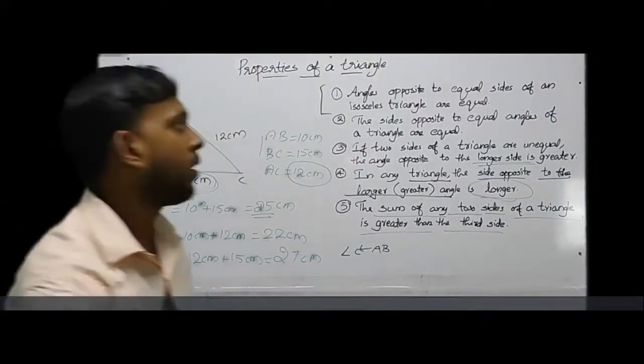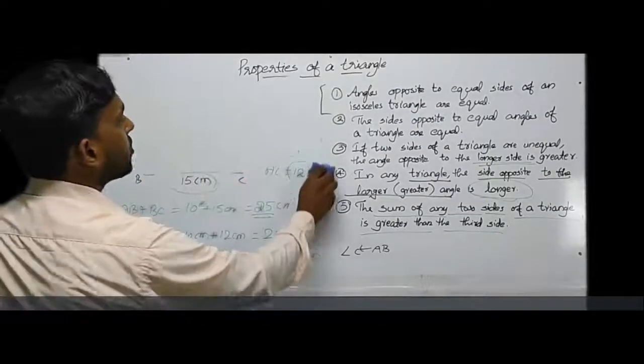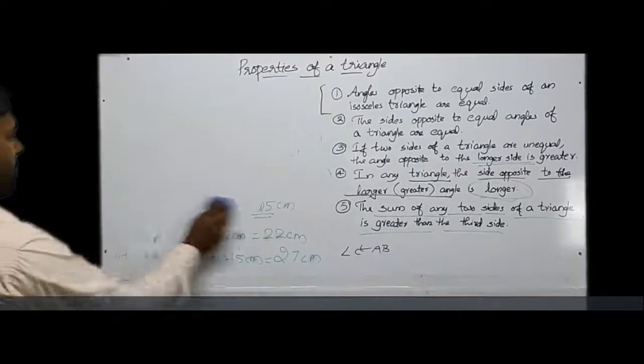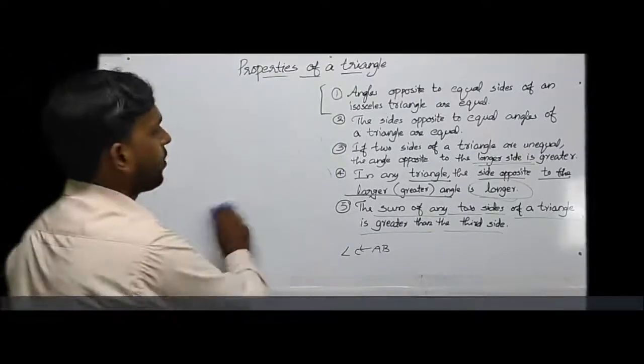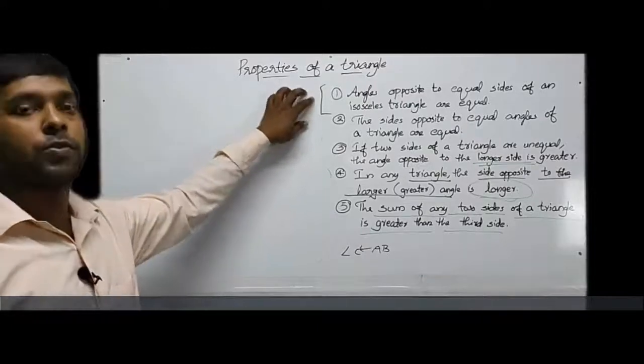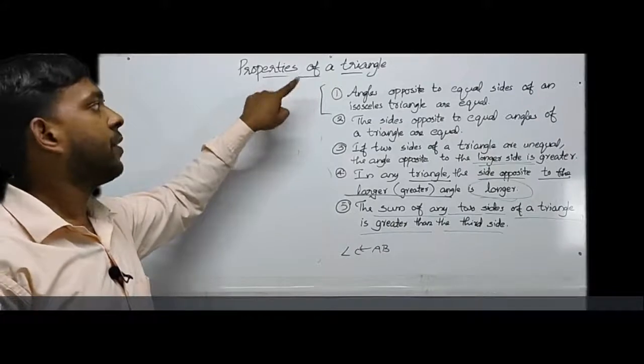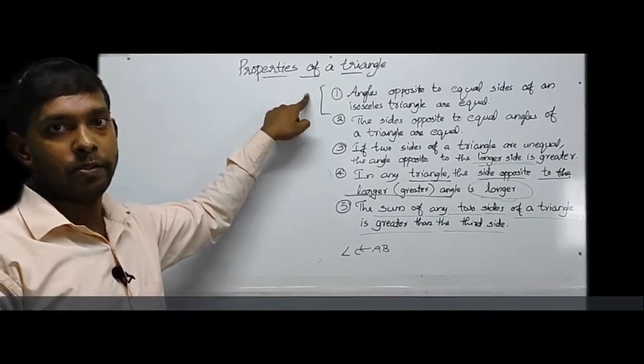So to sum up, let me just glance through the points which I have discussed with you. First of all, the very first property goes only with the isosceles triangle.